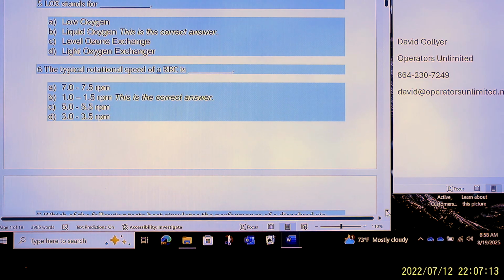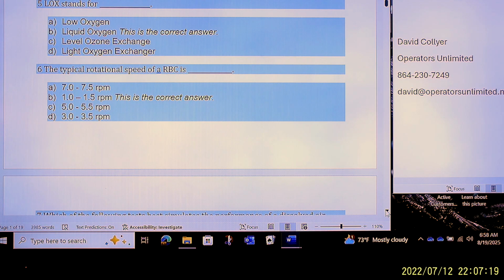Number five, LOX stands for low oxygen, liquid oxygen level, ozone exchange, light oxygen exchanger. The answer to number 5 is B, liquid oxygen.